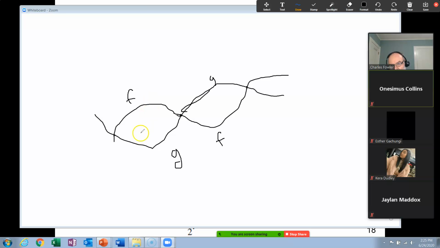F minus g here, because your little rectangle goes from the upper to the lower. So it's g minus f is your height here, f minus g is your height there. Oh, that's supposed to be a rectangle. That's a pretty ugly rectangle. Here it's g minus f, because you always do the one on top minus the one on bottom.